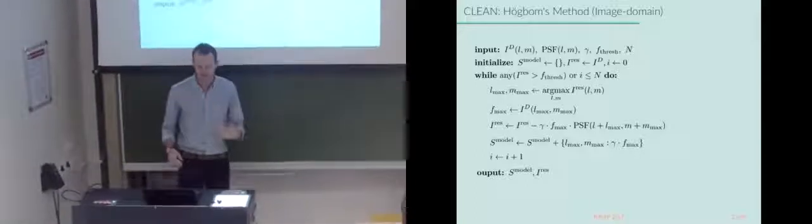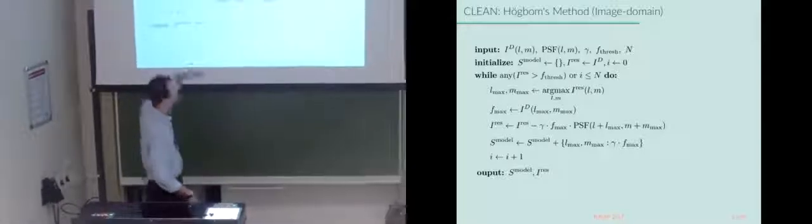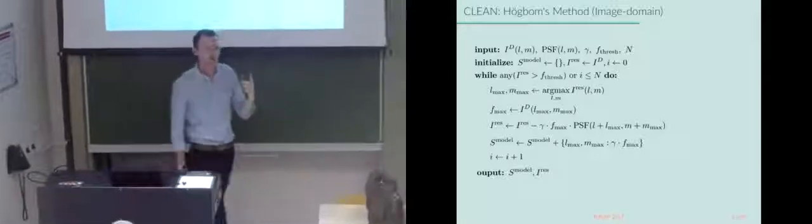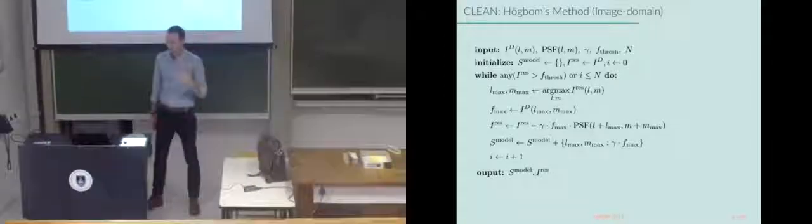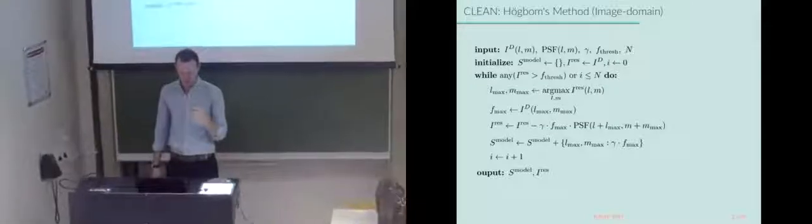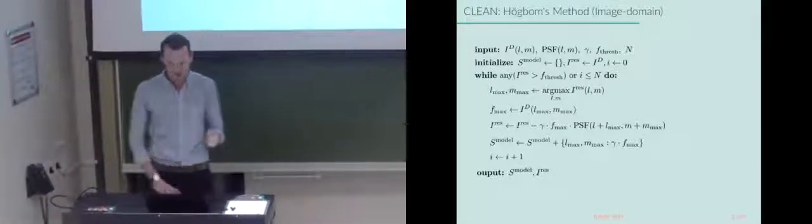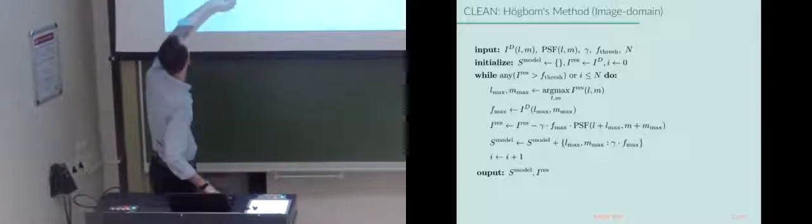So we find the argmax, the peak value in our image, and we say that's a source. We record the flux from that position, and we update the residual image by subtracting off the flux of that source.